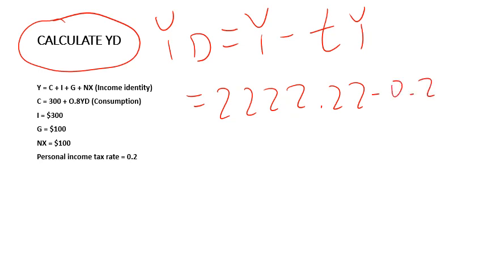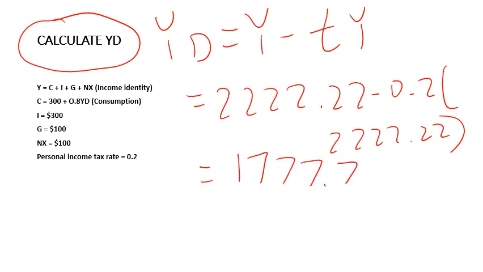That's 0.2, multiplied by 2,222.22. And what do we get? We get a disposable income level of 1,777.78. And once again, I insist that you go to decimal points.